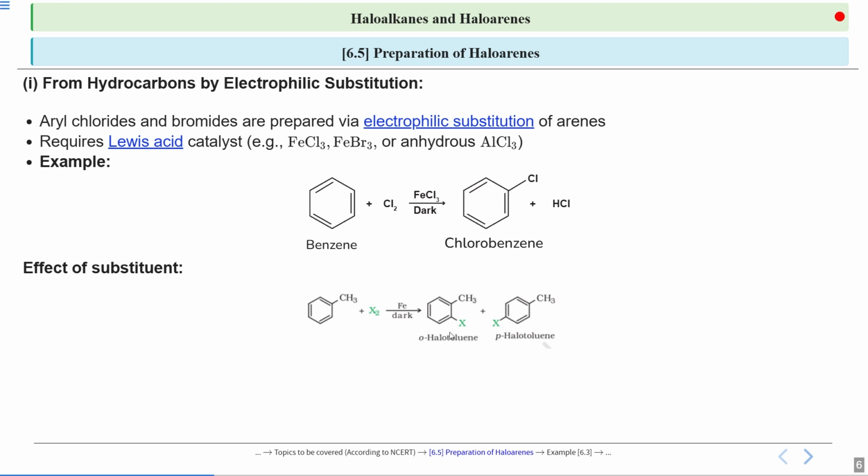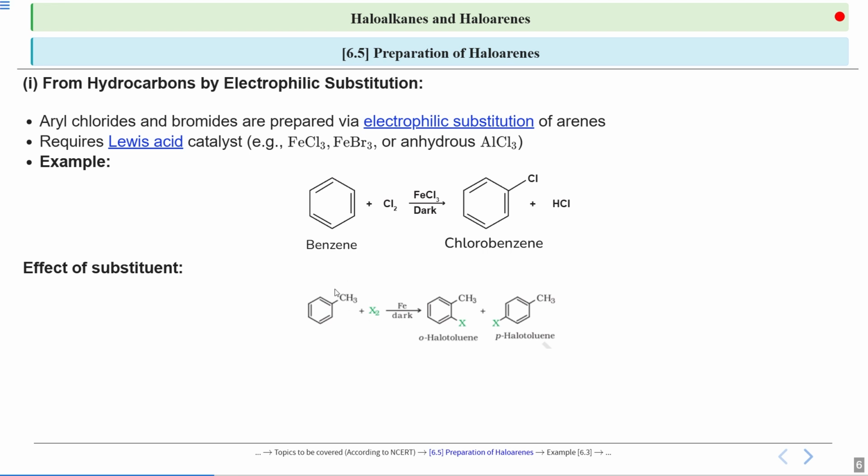So you will get ortho-substituted halogen benzene ring and para-substituted halogen benzene ring, right? You will get these mixtures, the ortho-halotoluene and para-halotoluene, when the halogen molecule reacts with this toluene molecule, and this reaction is happening in presence of iron in the dark condition.